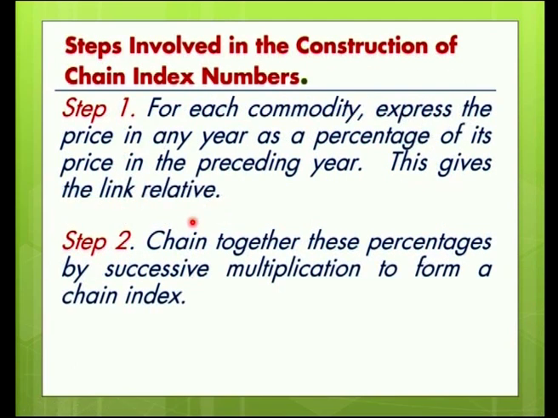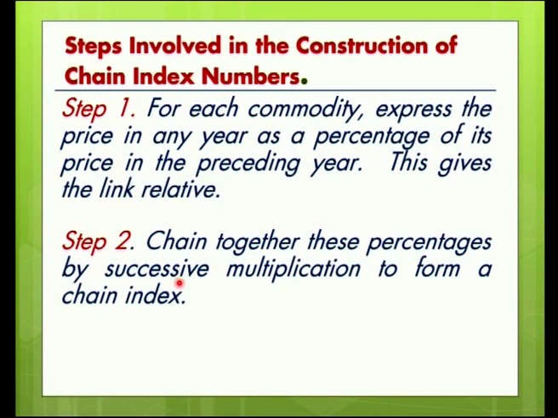Now, the steps involved in the construction of chain index numbers: for each commodity, express the price in any year as a percentage of its price in the preceding year. This gives the link relative. In the computation of seasonal indexes by the link relative method, we have computed link relatives, that is the current value divided by the preceding value into 100. Likewise, link relatives are calculated and chained together by successive multiplication to form a chain index.